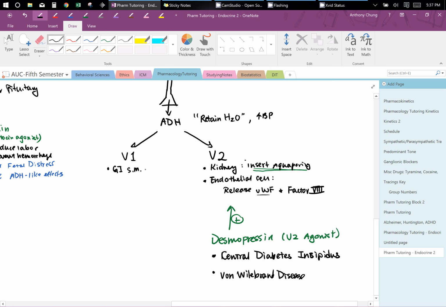It makes them contract. And it's also in the vascular smooth muscle, and also makes them contract. There is one drug, and that's terlipressin.